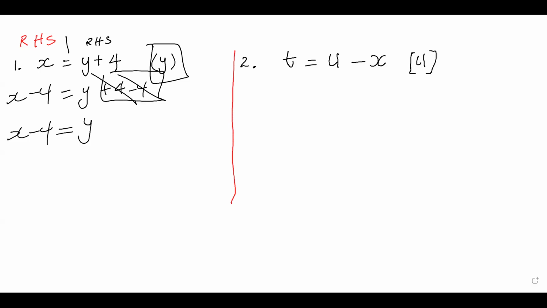So what's the answer? You have to move the X, Josiah. How would you move the X? You have to subtract it by X. No, that's a negative X, so you have to add X. You have to do the opposite to get rid of it.